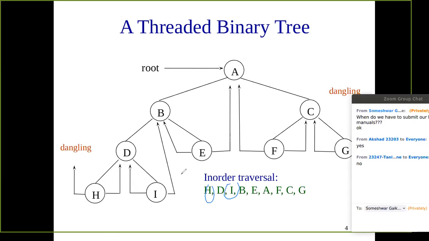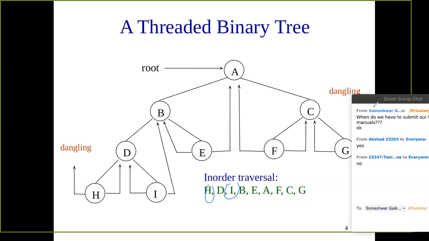So in this representation we can see that we are starting with H. H is the first node in this tree during the in order traversal. The left pointer of this should get assigned to the in order predecessor, but here there is no in order predecessor. So this pointer is not getting assigned to any node.